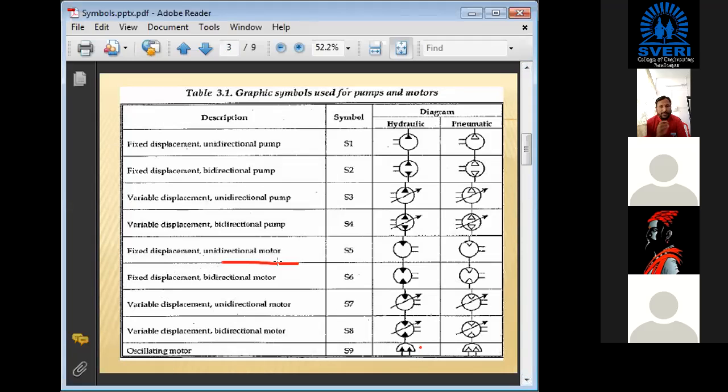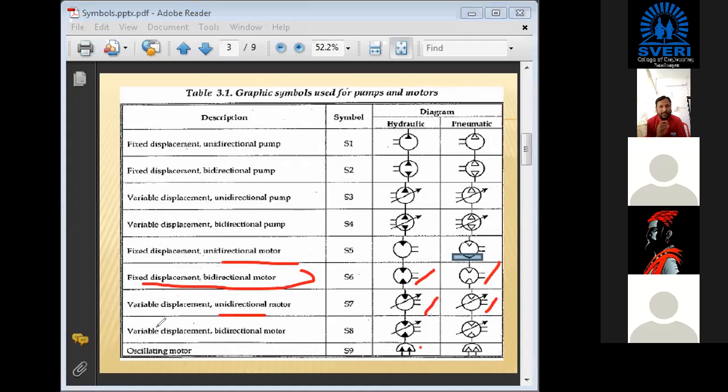Now, fixed displacement unidirectional motor. And if that same motor is used for the pneumatic circuit, then it should be represented by this one. Then fixed displacement bidirectional, that means both directions. This one for hydraulic, and this is pneumatic. Then variable displacement unidirectional motor, this one, hydraulic and pneumatic.